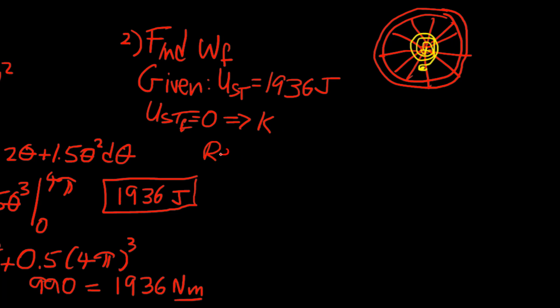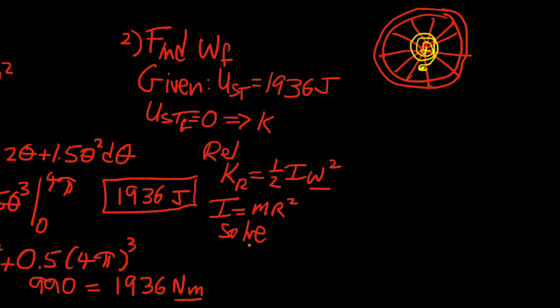What's our relationship? When we're looking for angular velocity, we know that K rotation is equal to 1/2 I omega squared. That's what we're looking for, omega. For a bicycle wheel with all the mass on the outside, the moment of inertia is m r squared.